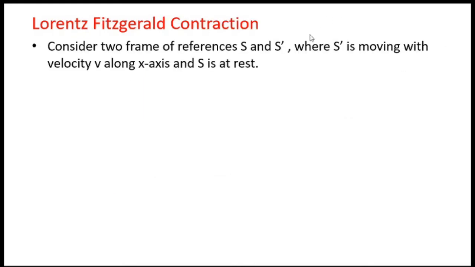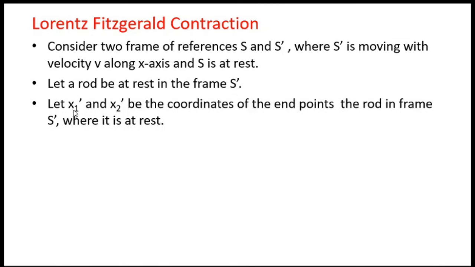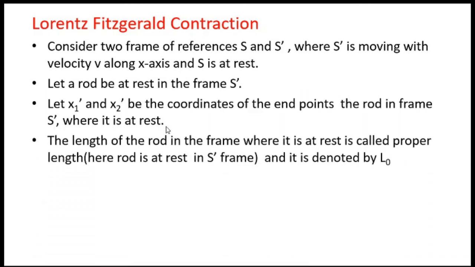Now consider two frames of reference S and S dash. S dash is moving with a velocity v along the x-axis, and the frame S is at rest. Now let a rod be at rest in the frame S dash. If x1 dash and x2 dash are the coordinates of the end points of the rod in the frame S dash where it is at rest, then the length of the rod in the frame where it is at rest is called the proper length.